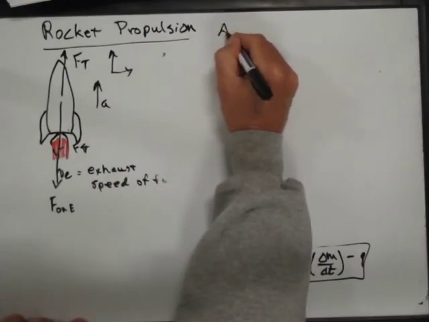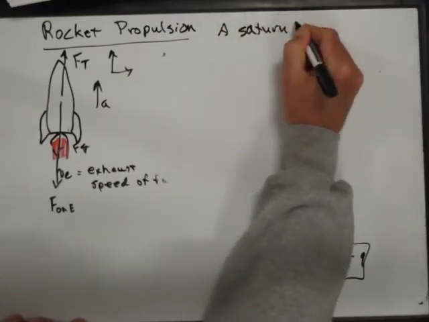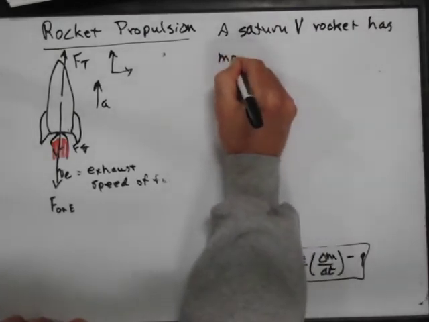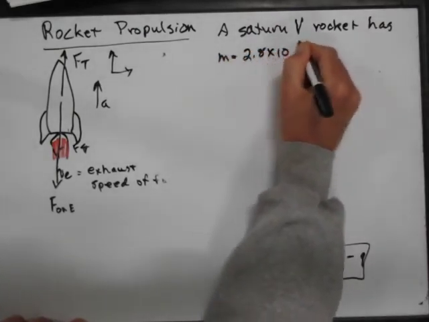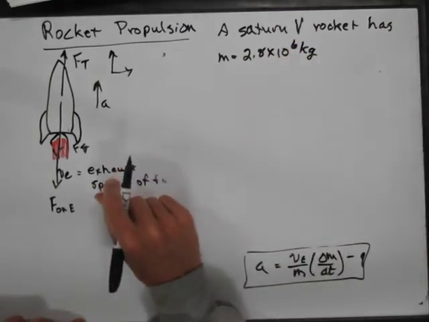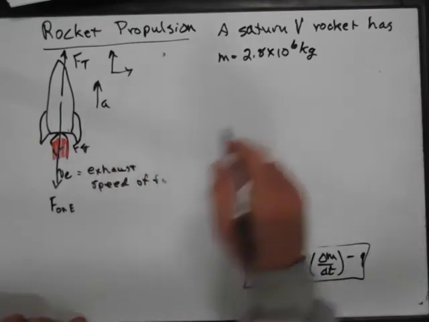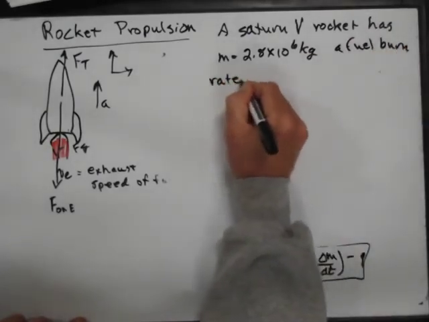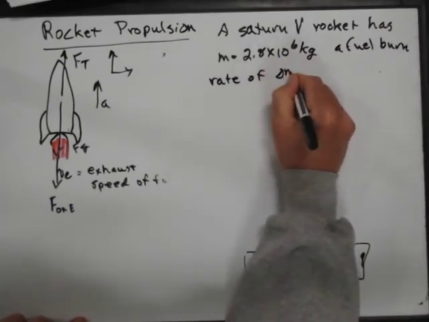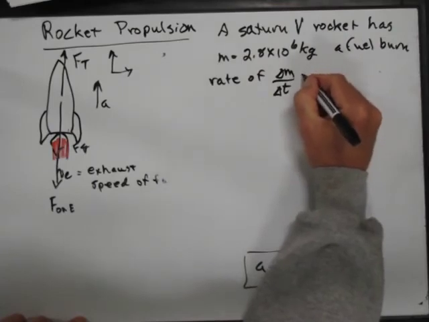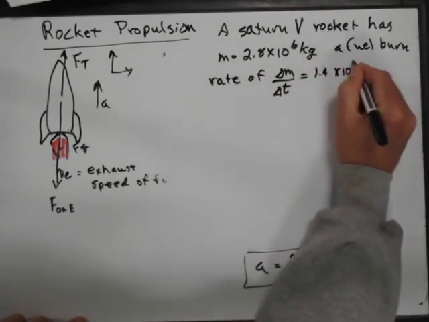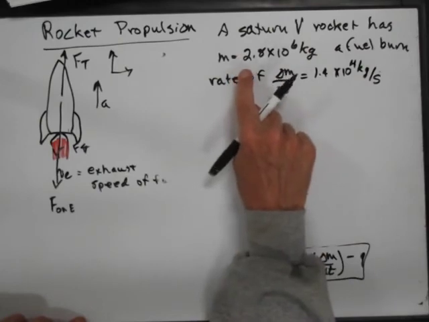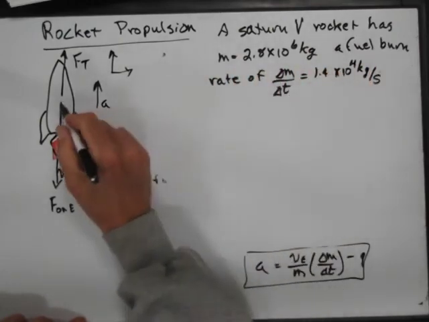A Saturn V rocket has a mass of 2.8 times 10 to the 6 kilograms. That's just the whole mass of the rocket, right?